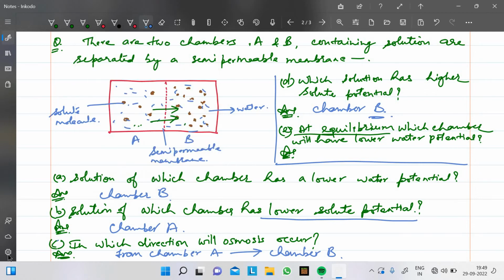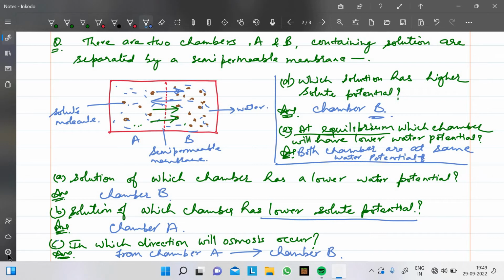At equilibrium means water का movement यहाँ से यहाँ और यहाँ से यहाँ equal होगा, यानी कि no net flow of water occurs. That means both chambers are at same water potential. Then only the condition will be satisfied.